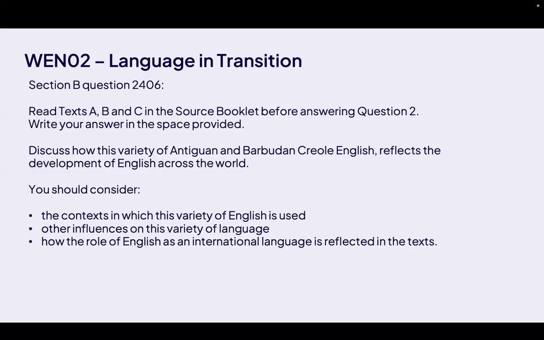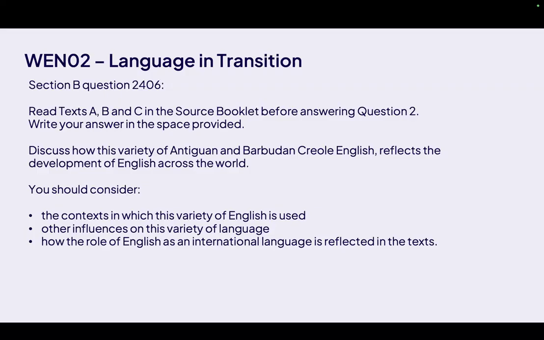There are always bullet points because this helps the student. As I said, this is A level, but it's not undergraduate level. So we help and support a student in the structure of their response. They should consider the contexts in which this variety is used, other influences, and how the role of English as an international language is reflected in the text.